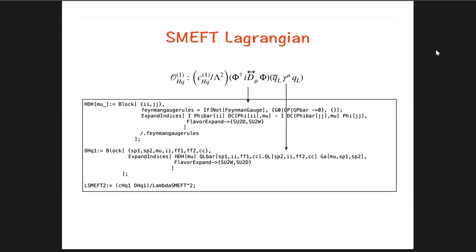So therefore the same point arises, Feynman gauge rules, if not Feynman gauge, and so on, expand indices in terms of, so there are only these indices associated with SU2D, and then you define this phi dagger i D mu phi as we just wrote in the last slide, and this DC, you remember, is the covariant derivative associated with each field, which is defined.